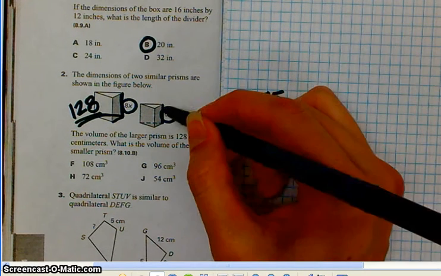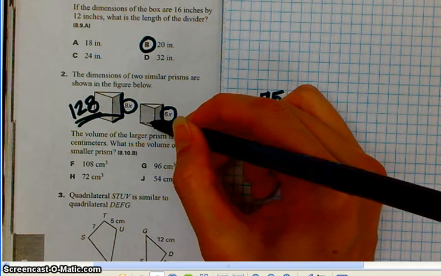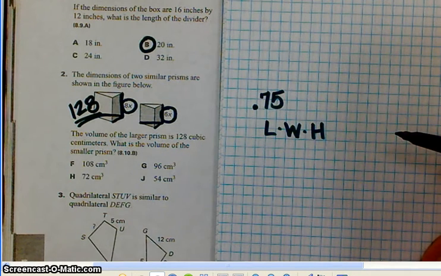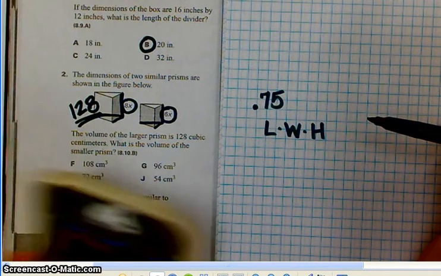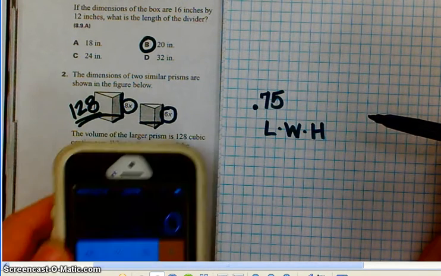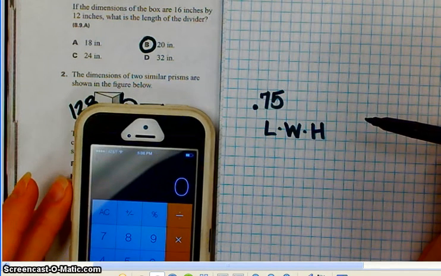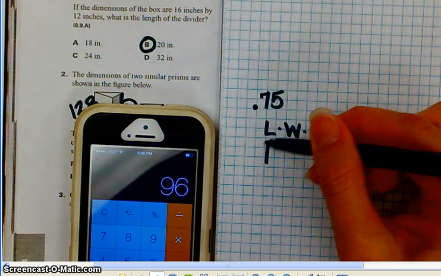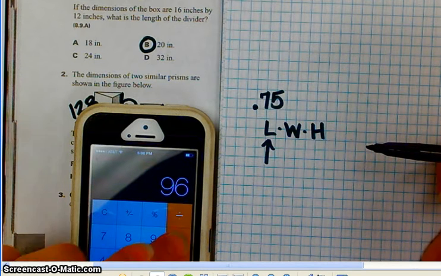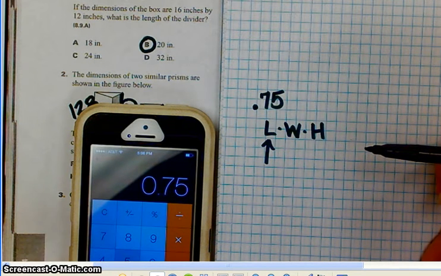But the lengths on the smaller one are each 3/4 of what the lengths are on the big one. So what I wound up doing is I took 128 times 3/4. But then I have to say times 3/4 again.